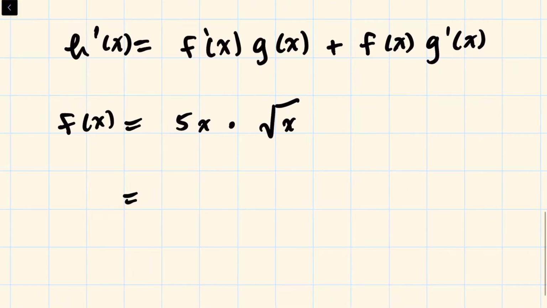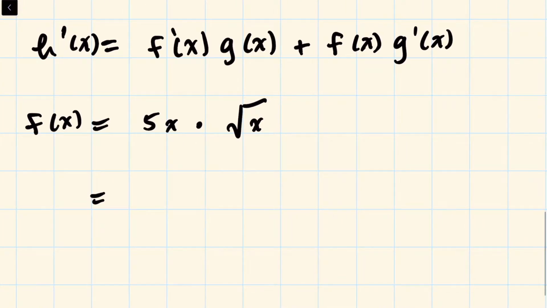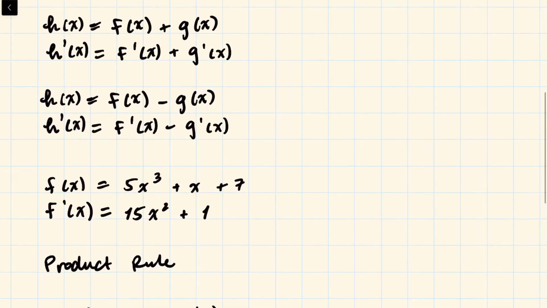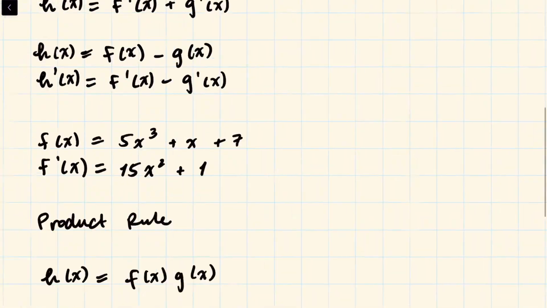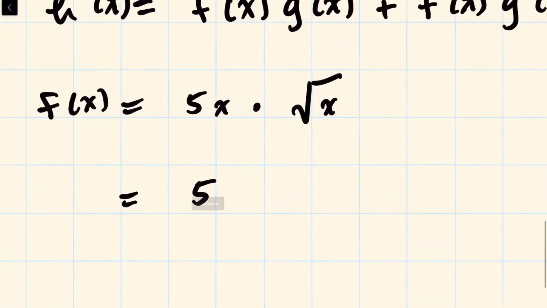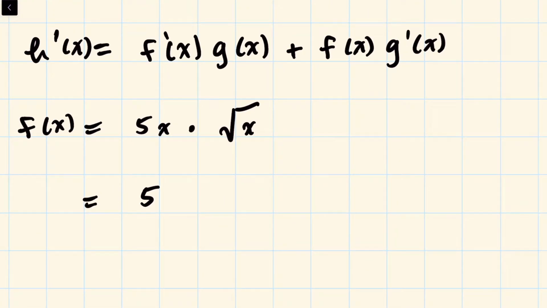This is not by any means the easiest way to solve this problem, but we can turn 5x using the formula into its derivative. So that's now 5. The derivative of root x we found before, it's 1 over 2 root x. So that's multiplied by 1 over 2 root... Actually, no, not yet.